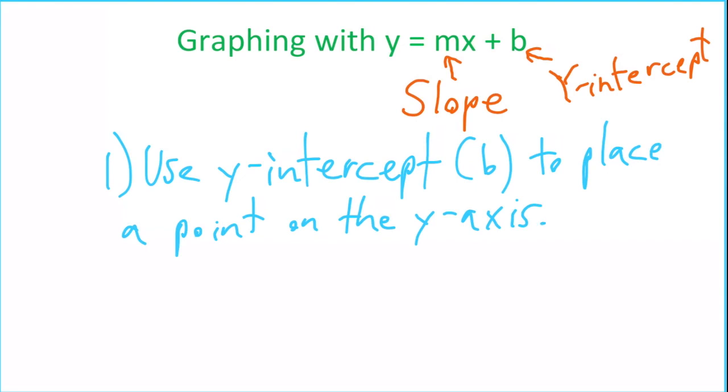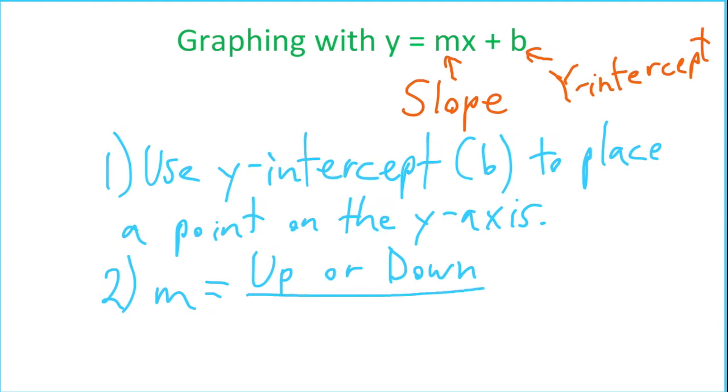All right, so you have 1 point on your y-axis, and then your second step is to use the slope. So the slope, m, I like to think of the slope as up or down, and then to the right.